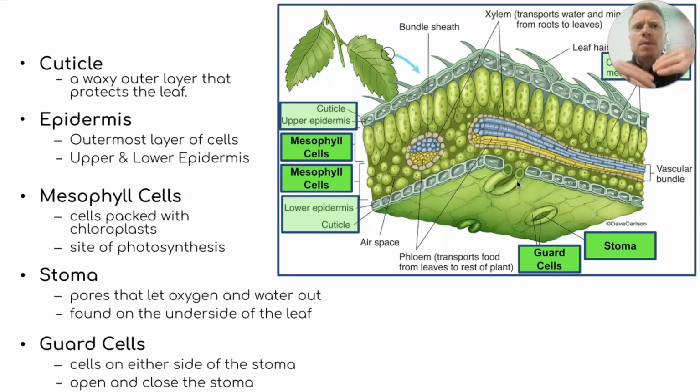But if the plant is ever feeling like it doesn't have enough water, and it needs to preserve its water, then it can close those stoma, and that will keep water inside the leaf, because water will leave through those pores, just like we lose water out of our skin pores. So the guard cells open when water is plentiful, and they close when water is scarce.